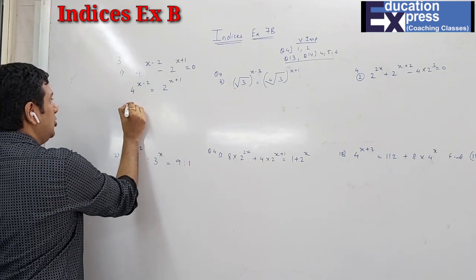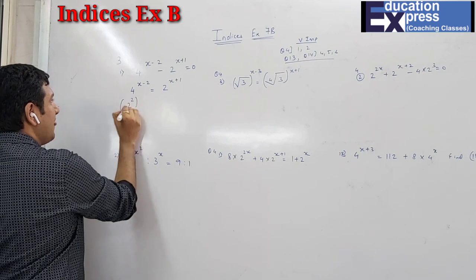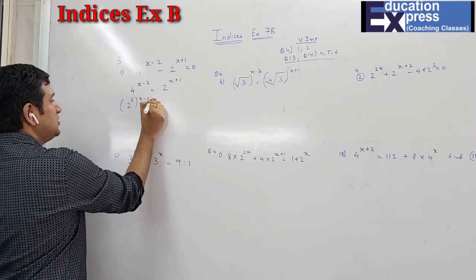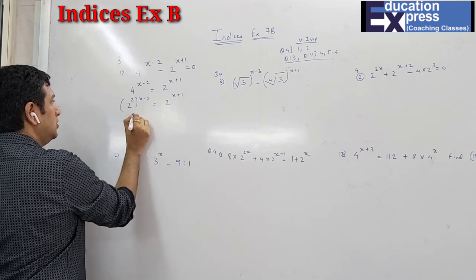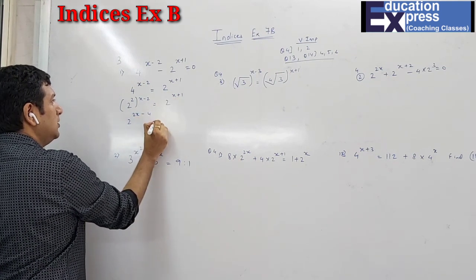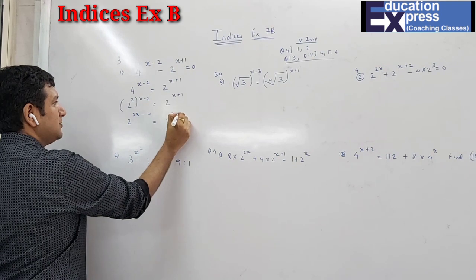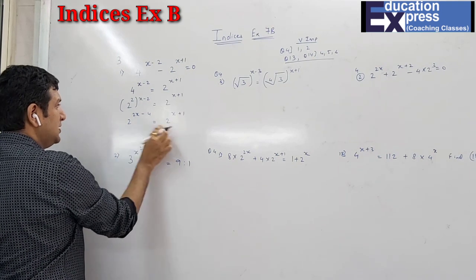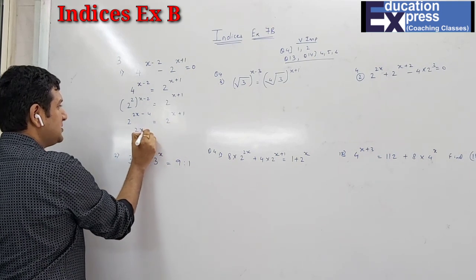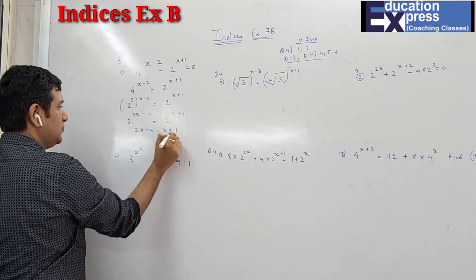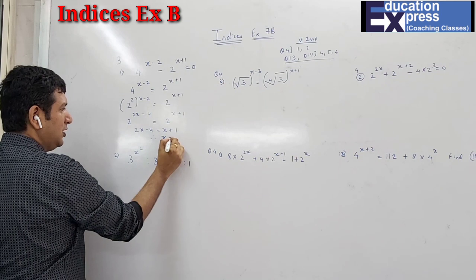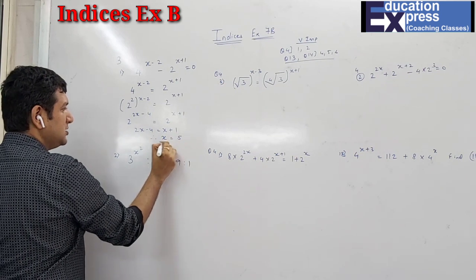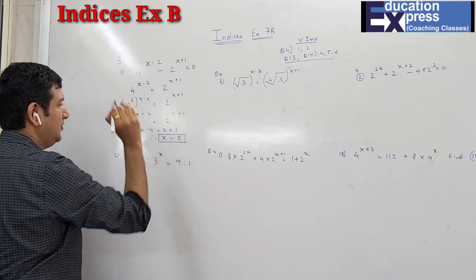So here I'll take the common base 2, 2 squared raised to x minus 2 equals 2 raised to x plus 1. So 2x minus 4 and 2 raised to x plus 1. Bases are same. So 2x minus 4 equals x plus 1. Therefore, x will come here, 2x minus x is x, minus 4 will go there, 1 plus 4 is 5. So answer is x equals 5.